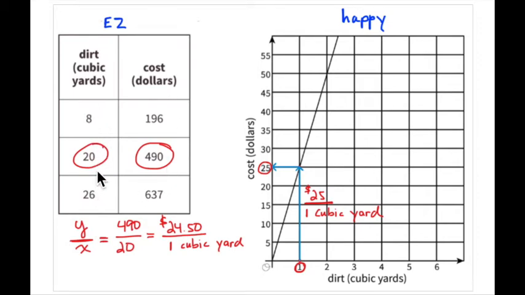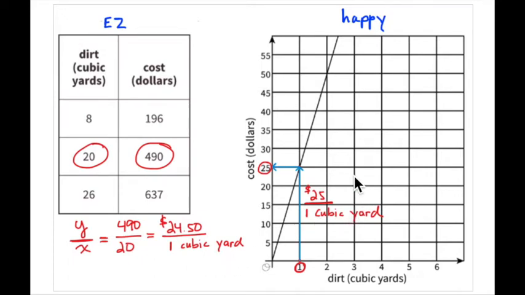You're going to put the 20 yards of cubic dirt into the equation, and you're going to ask, how much is that going to cost me? I want to know how much I have to spend to haul that 20 yards of cubic dirt. And that's $490. So to get 1 yard of cubic dirt, you divide that 490 up among the 20 cubic yards of dirt, and you're going to get $24.50, $24.50 for 1 cubic yard of dirt.